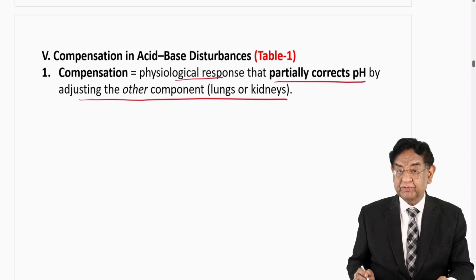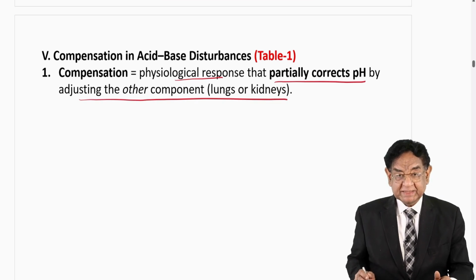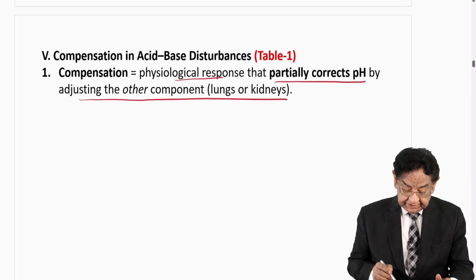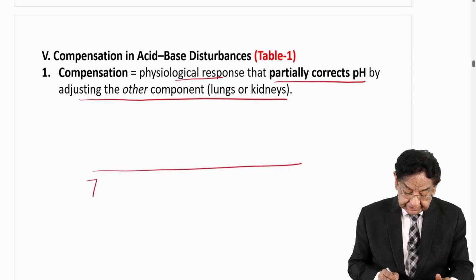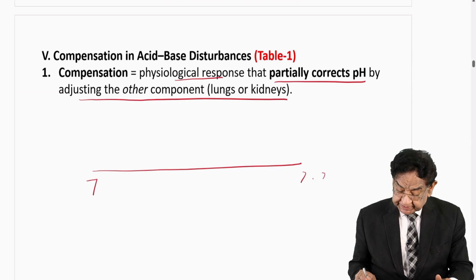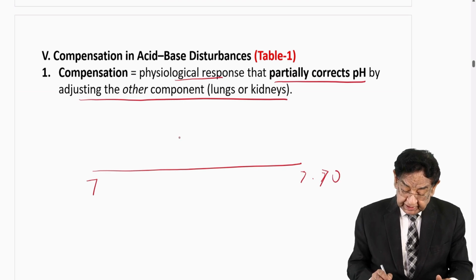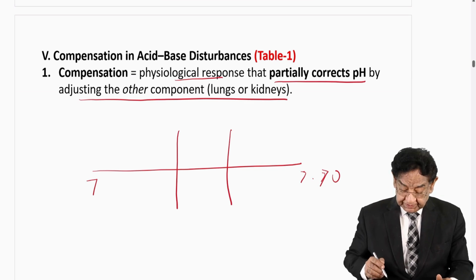I'm sure you have not understood. Now let me explain to you. This is the pH of the blood, 7.70, and we just read it. Normal pH is how much?